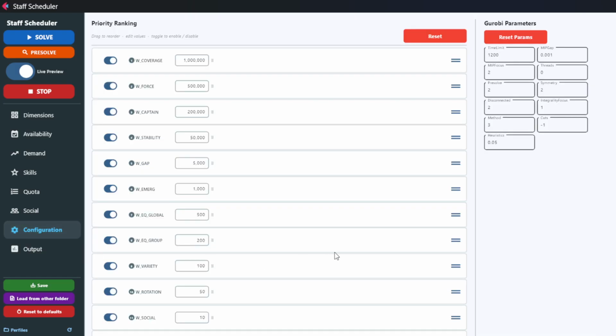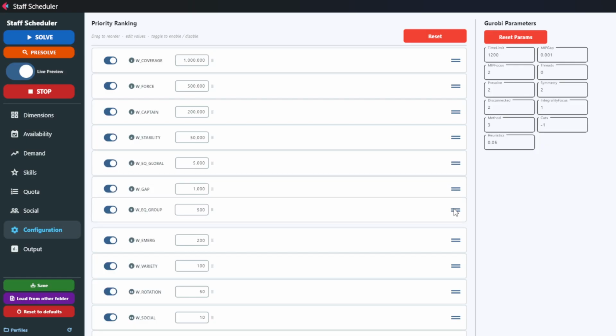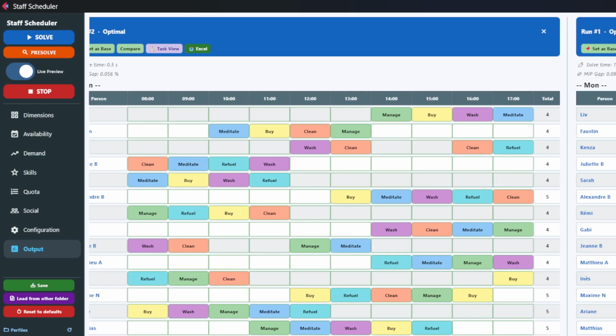So it must be that the equality per group or global, because this is only one group, is very low. So I'm going to get them up. And now we can see that the hours are more equal between members of the same group.